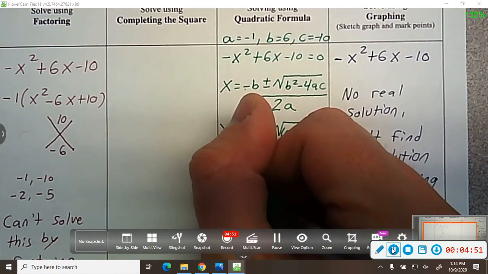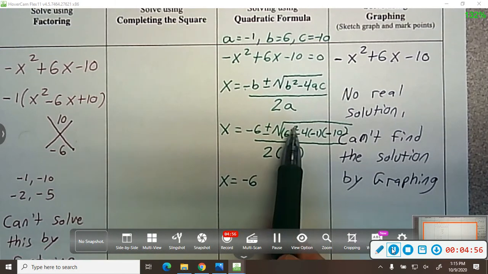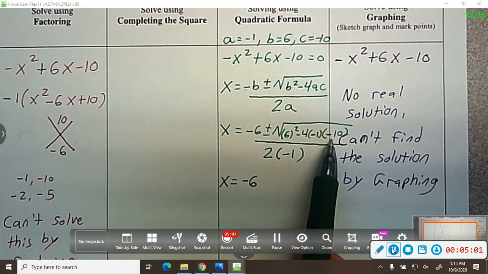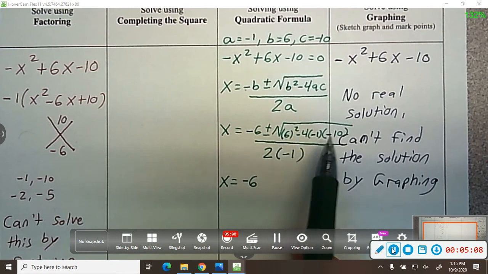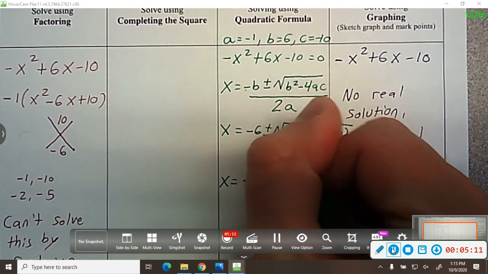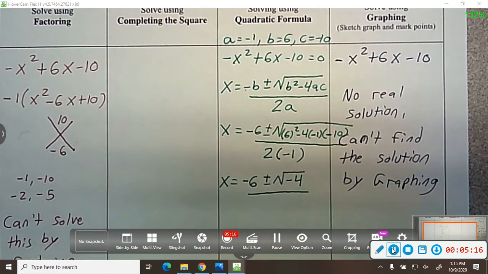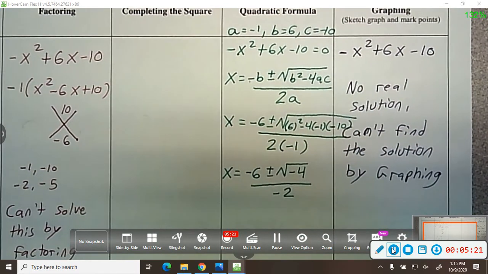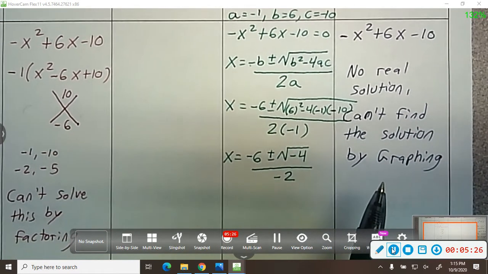So now I need to simplify this. This would be 36, and then negative times negative times negative is going to be negative, and then 4 times 10 is 40. So this is really 36 minus 40, that'd be negative 4. And then 2 times negative 1 is negative 2. Now anytime there's a negative in the radical, you pull it out and make it an i.